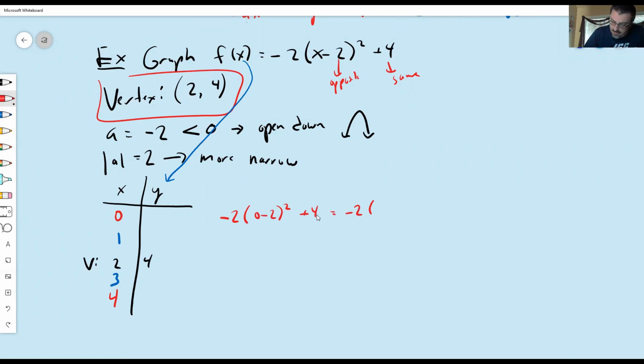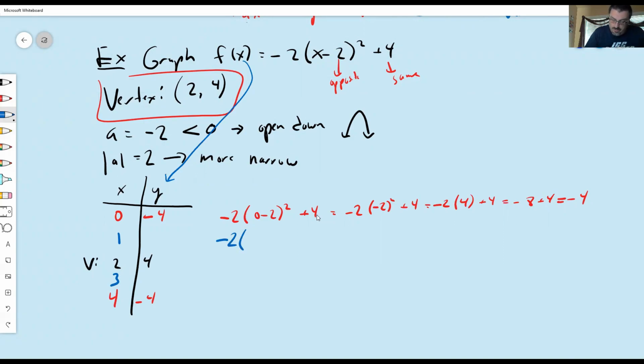Minus 2 squared is positive 4, so minus 8 plus 4 is minus 4. So this is minus 4, and this is minus 4. Half the work right there. It's beautiful.